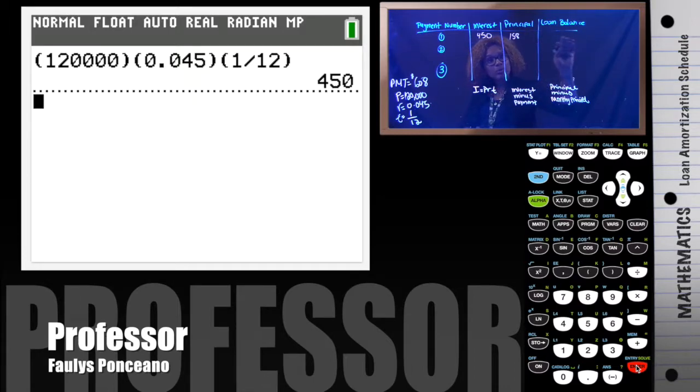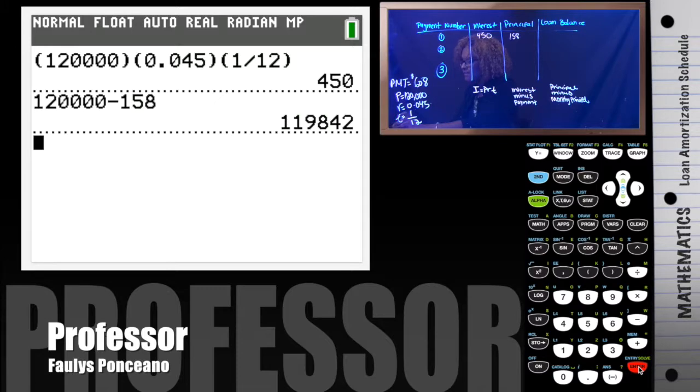And that's how much loan balance it still is. And there's still a lot of money that we owe. And that's for month 1. This amount of money went to the interest, this amount of money went for principal, and this is how much your loan balance is. And you do the same process again for month 2 and month 3.